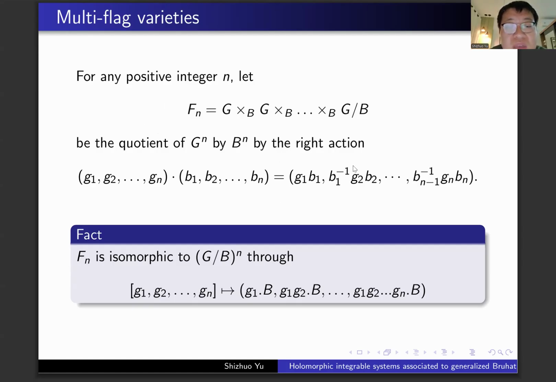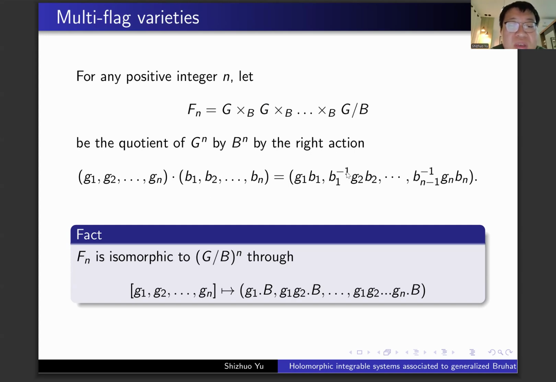Actually, this twisted action comes from the study of the so-called Schubert varieties, because the Schubert varieties are singular, and for the singularity resolution we will use the Bott-Samelson varieties.